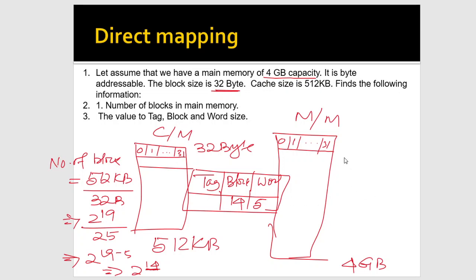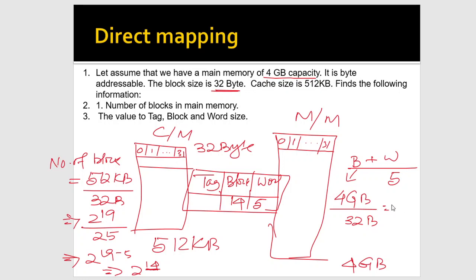Before that I have to determine the main memory address structure, which is represented through block plus word. The word information is already given, so it is 5. And the number of blocks? It is 4 GB total capacity, and the size of the block is 32 byte. So the total number of blocks in the main memory will be 4 GB divided by 32 byte. 4 means 2 to the 2, and G means 2 to the 30.